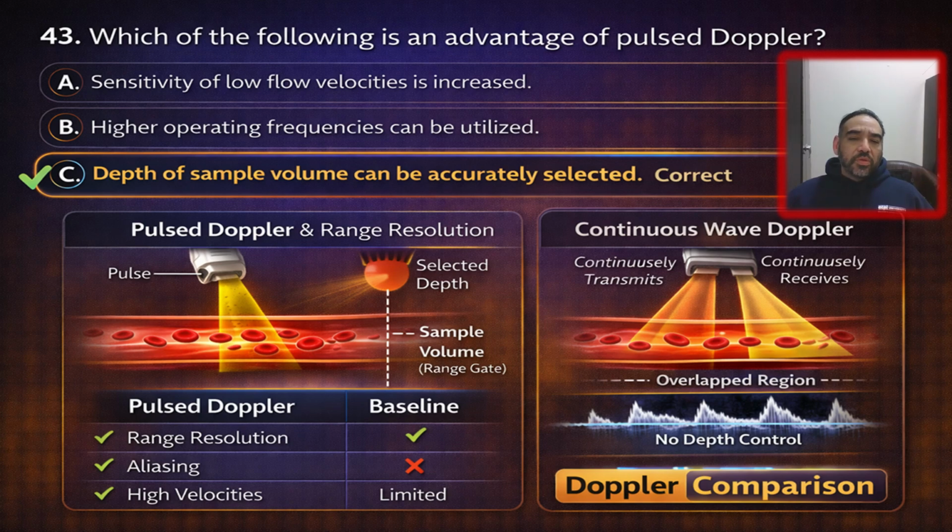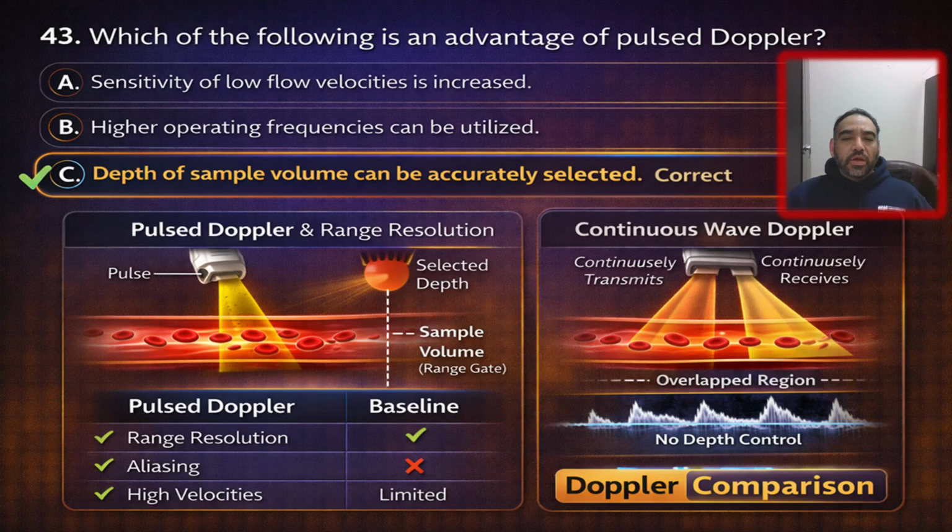A says sensitivity of low flow velocities is increased. Power Doppler is best for low flow sensitivity, and pulse wave is not uniquely superior for low flow detection. Answer B was higher operating frequencies can be utilized. Operating frequency depends on the transducer, not whether it's pulse wave or continuous wave.